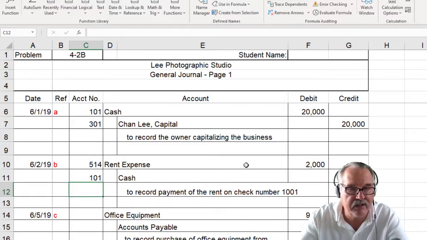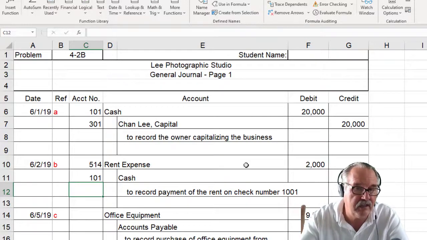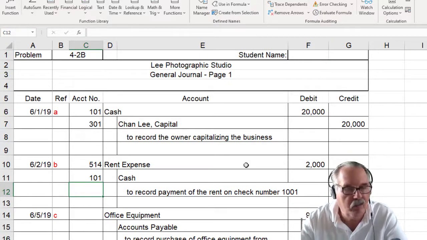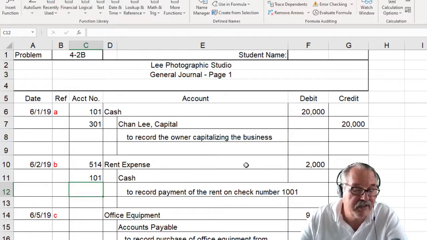We know where it is in the ledger, and we know where it is in the journal from the ledger on page 1. You can imagine if we were a big company with pages and pages of the journal, it would tell somebody looking in the general ledger where it is on the page.